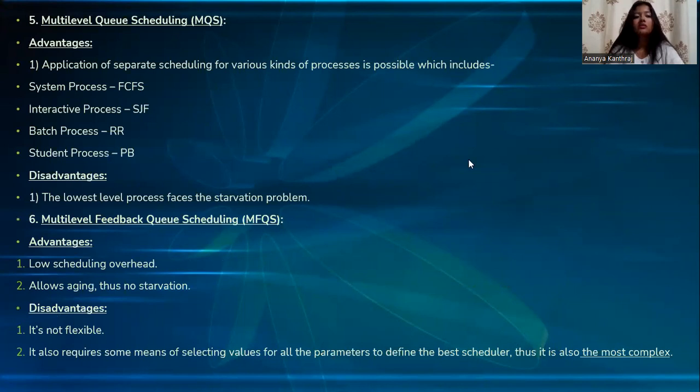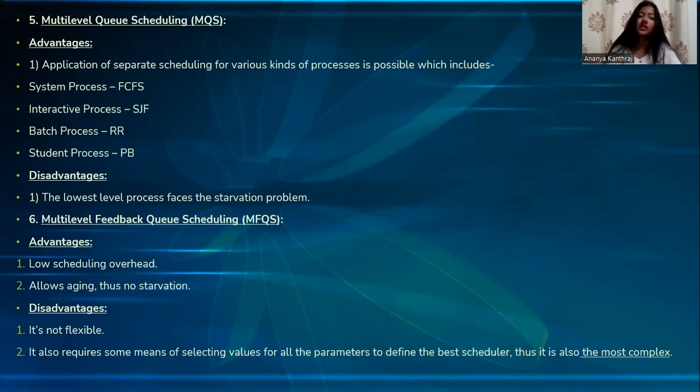Looking into multi-level scheduling, the advantage is that separate scheduling can be applied for various kinds of processes, which include system processes, interactive processes, batch processes, and student processes. The disadvantage is that the lowest level process faces the starvation problem.